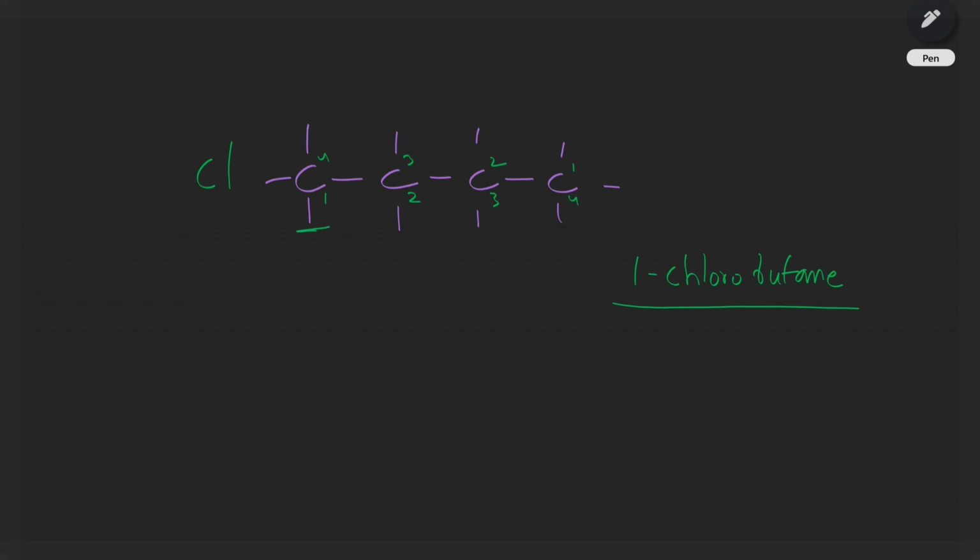Clear? The next possibility will be attaching chlorine to the second carbon. Guess the name of that? What will be the name of this? This will be 2-chlorobutane.